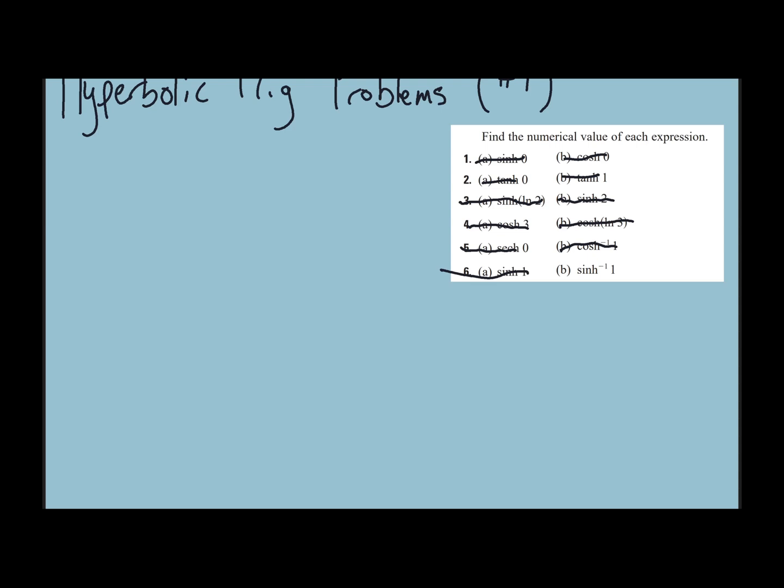Now, arc sine hyperbolic is different. So that's going to be negative e to the negative 1. Sorry, that's the actual arc sine hyperbolic. That's going to be natural log of, I want to say it's x, we'll say x because it doesn't matter, plus the square root of x squared plus 1.